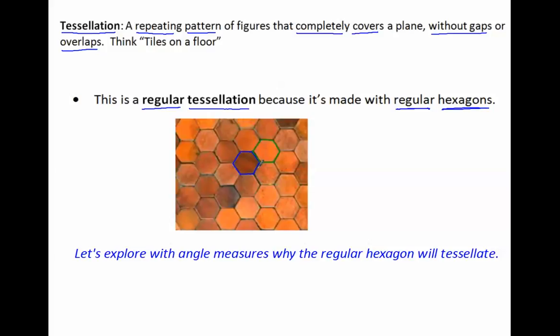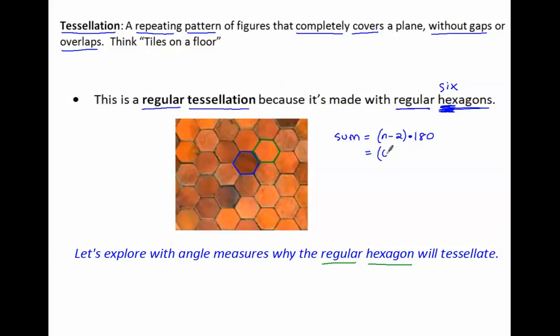Now, how do I know if a figure can tessellate? Let's explore with angle measures why this regular hexagon will tessellate. So remember how we tell how many degrees the interior angle measure of any convex polygon has. We use first the sum of the interior angles is n minus 2 times 180. How many sides or angles does a hexagon have? Hex is like 6, right? 6 sides.